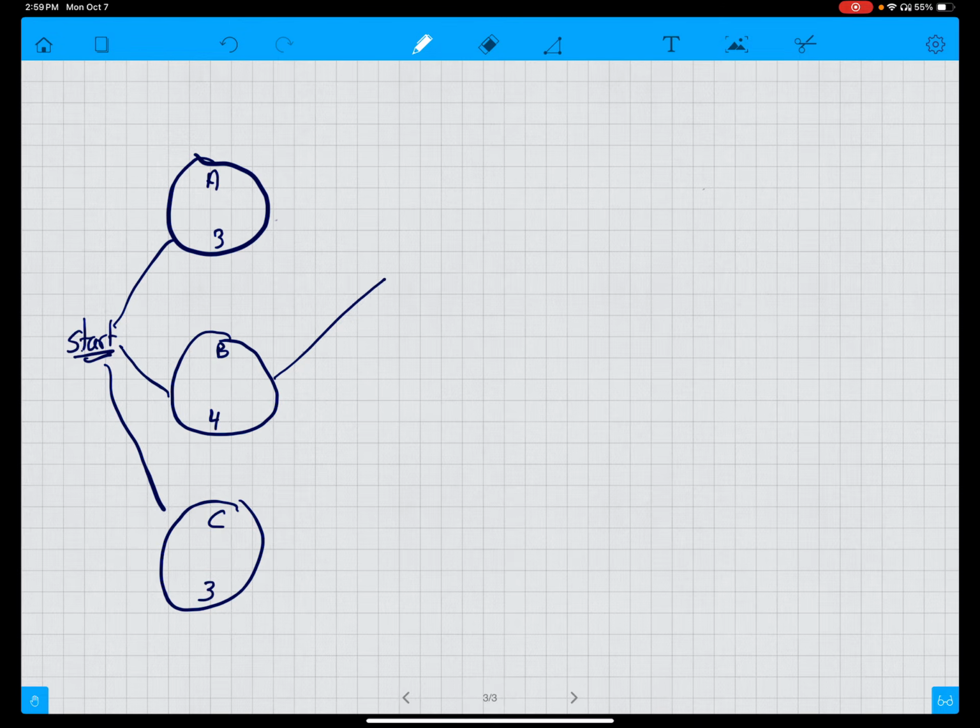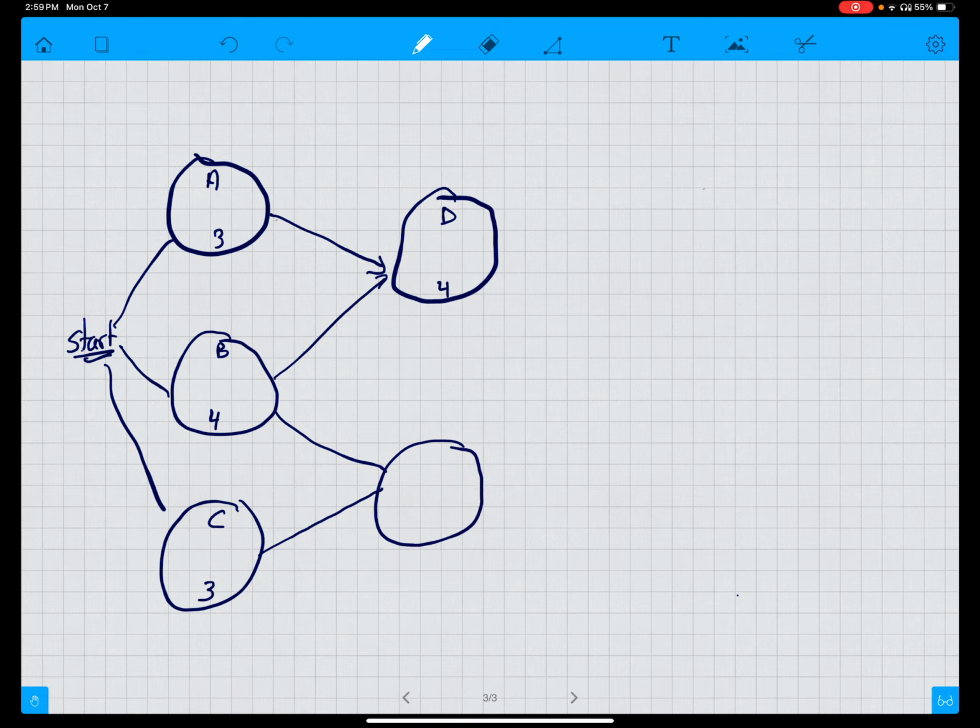D has both A and B as predecessors. So there's D, and it is 4. And E has both B and C as predecessors, so that's how we would draw it.